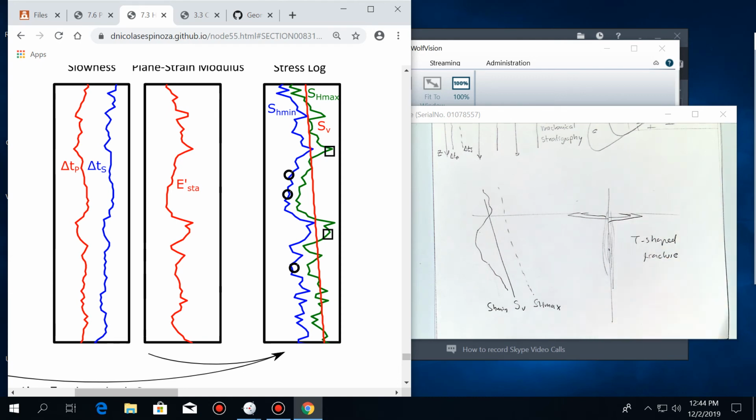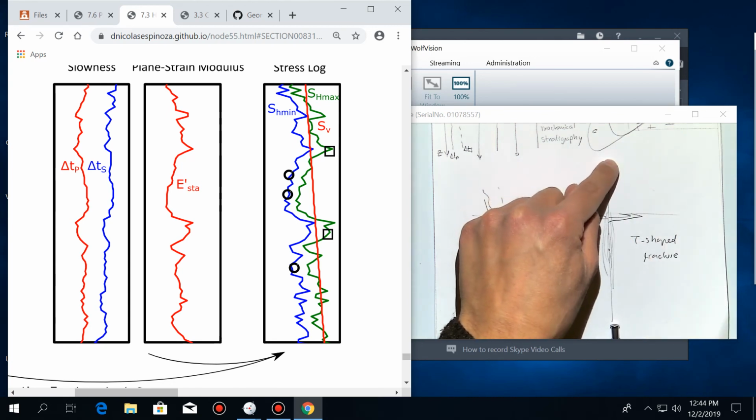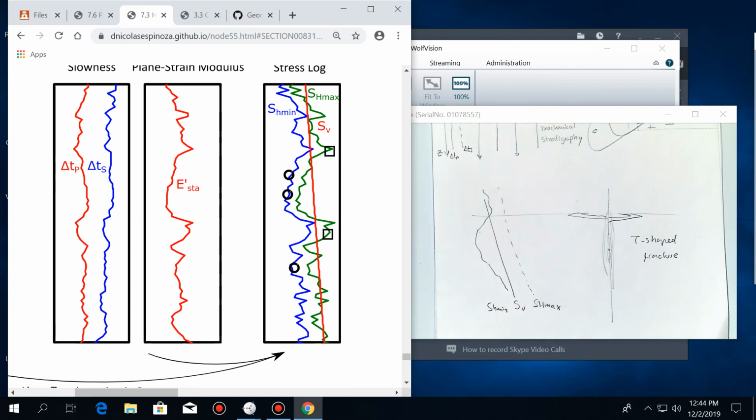But this can also happen in hydraulic fracturing completions, and in general it's not desirable, because in most cases you want your hydraulic fracture just to continue for the long distance, for the distance in which you have your pay. If at some point within your pay you have some of these high stiffness barriers, they may limit your fracture, it might not grow anymore.